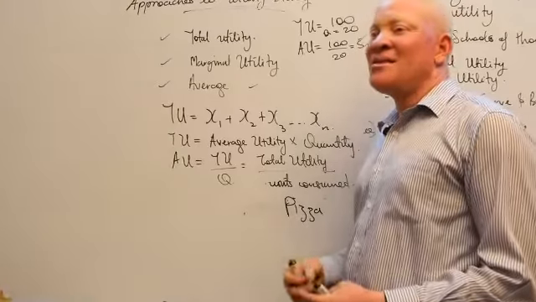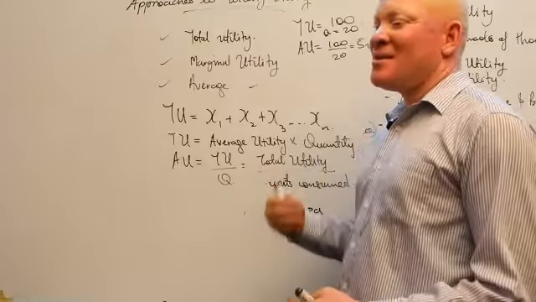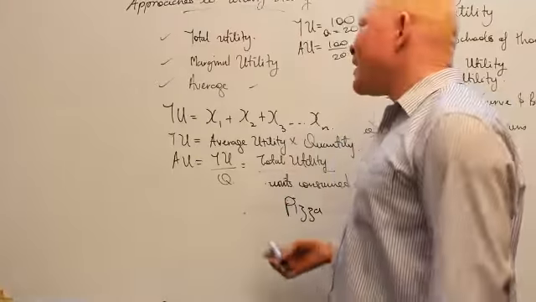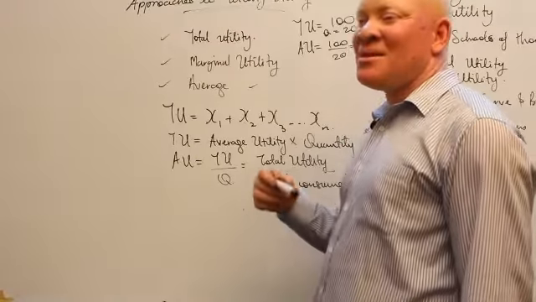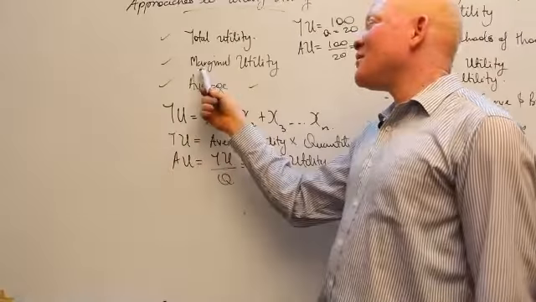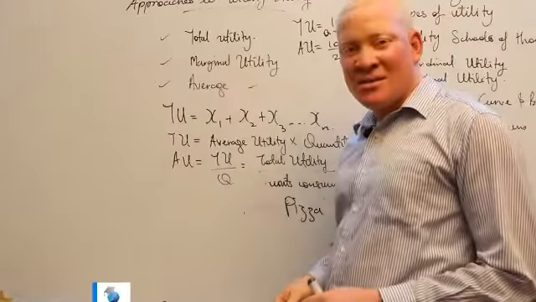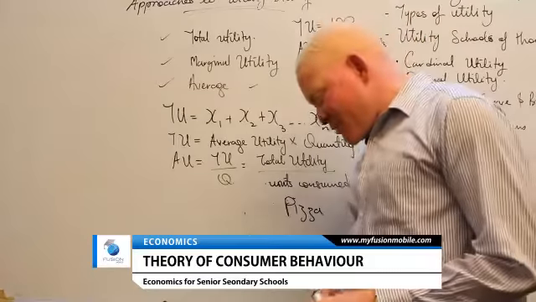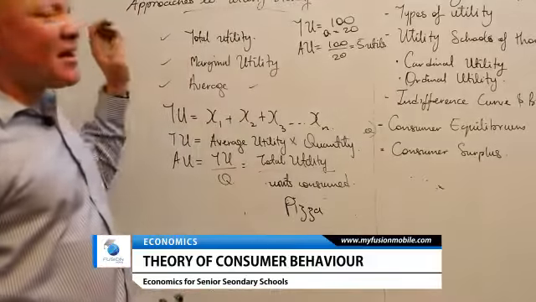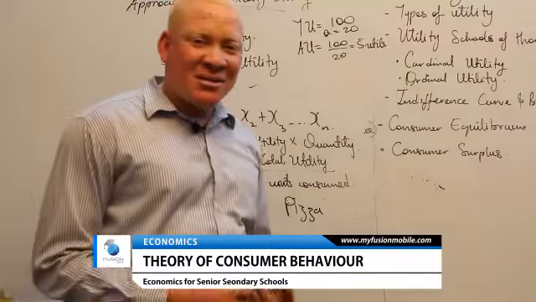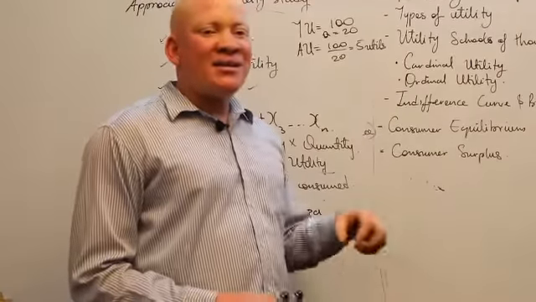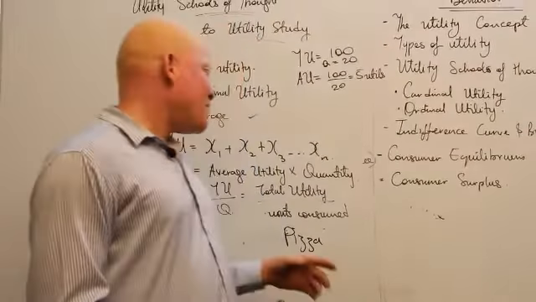Every time you eat pizza, there is a particular level of satisfaction you derive, and that extra satisfaction derived for each one you consume is what we refer to as marginal utility. So once again, I repeat the definition. I said marginal utility is the extra or additional utility derived from the consumption of an extra unit of a commodity or product.